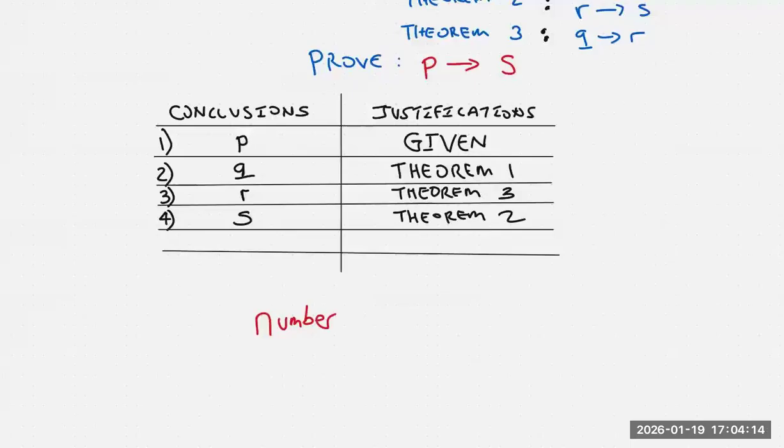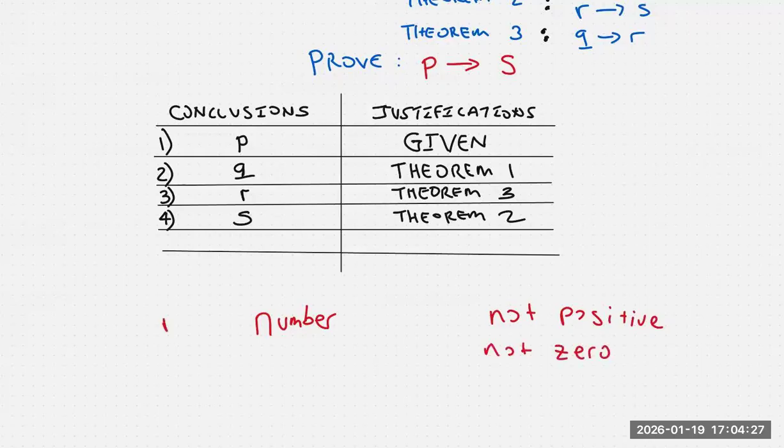You can prove that it is not positive, and you can prove that it is not 0. That is enough. If you can show it's a real number, it is not positive, it is not 0, the only thing left is that it is negative. Because once you're a real number, you have to be either positive, negative, or zero.